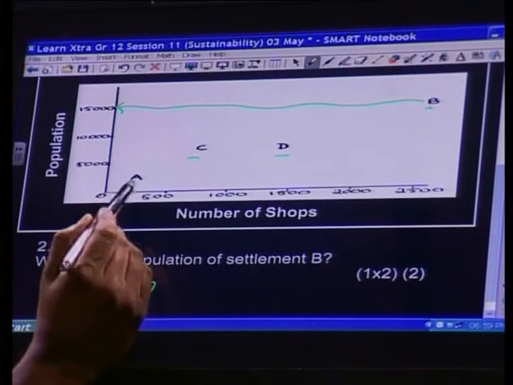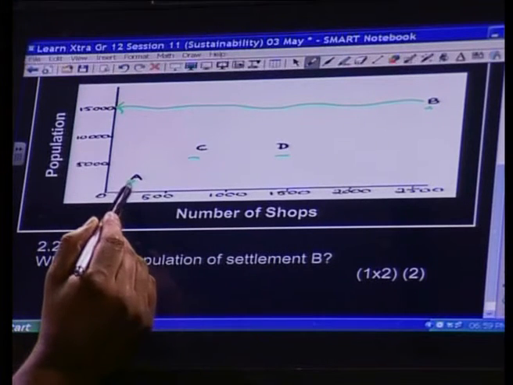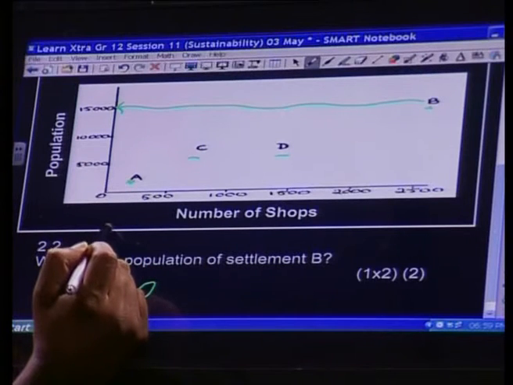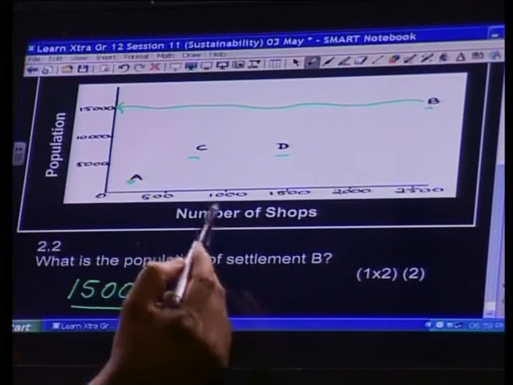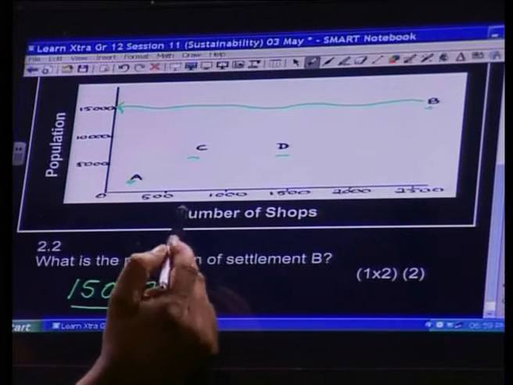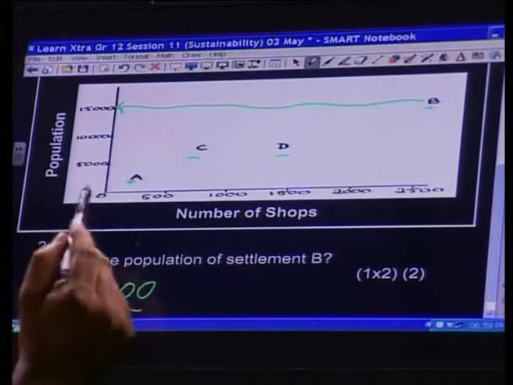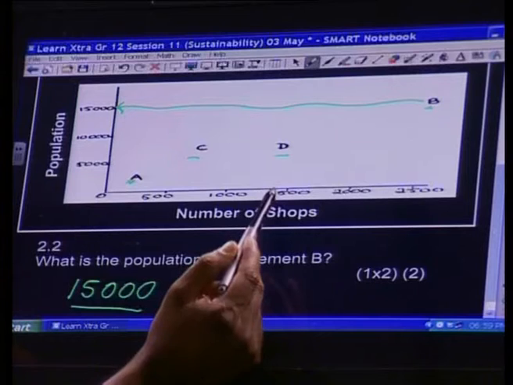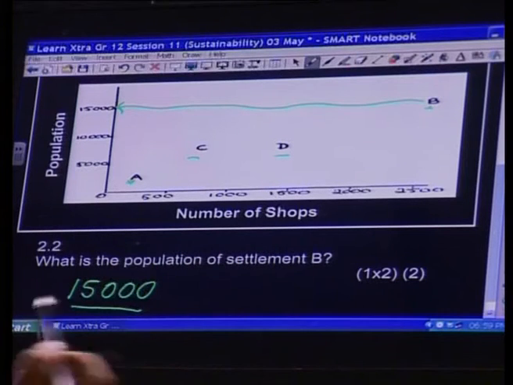However, settlement A has a lower population and therefore a lower number of shops. What you will see that is noticeable is that settlements C and D have almost the same numbers of population, but in terms of shops, there is a greater number of shops at settlement D than settlement C.